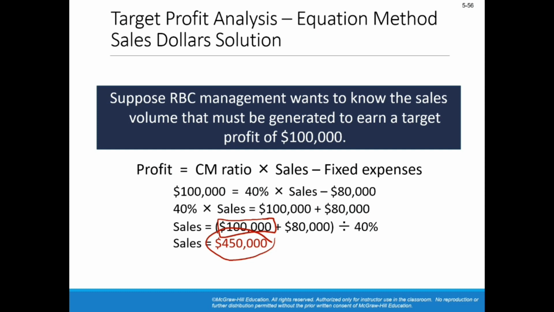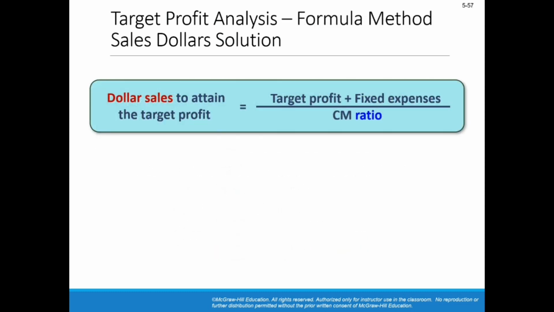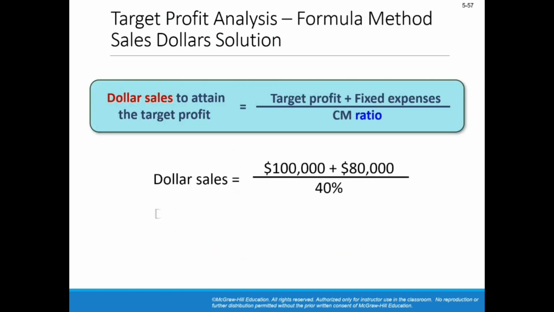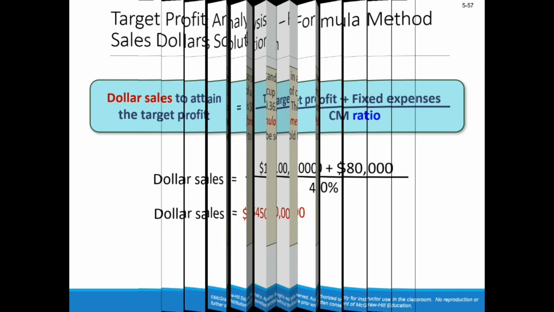If you think about it, you can get the quantity needed to attain the same profit from this number here. So $450,000 divided by the price, $500, gives the 900 units required to get the same profit. I'm just trying to make a link for you.